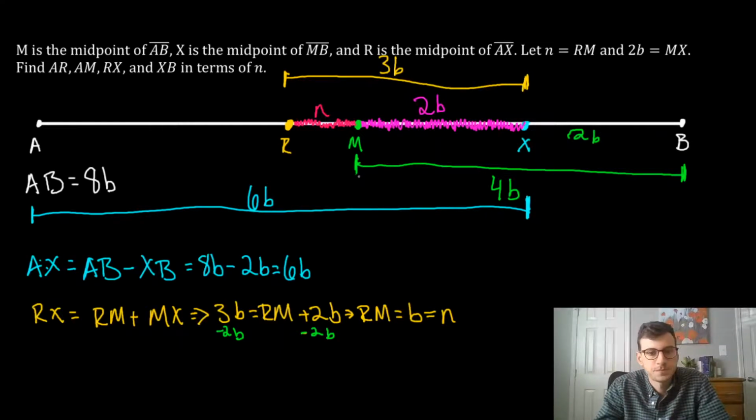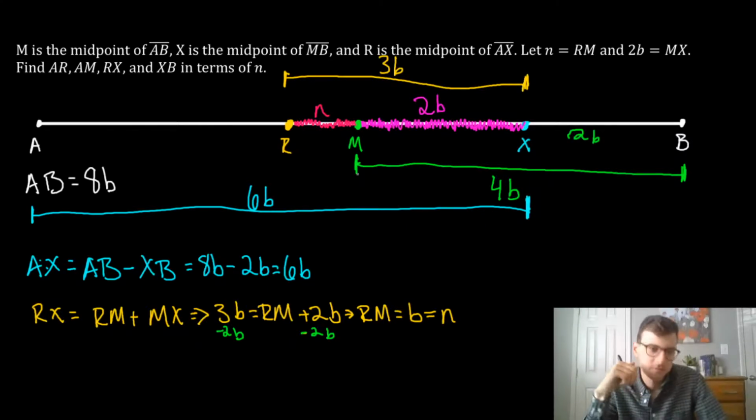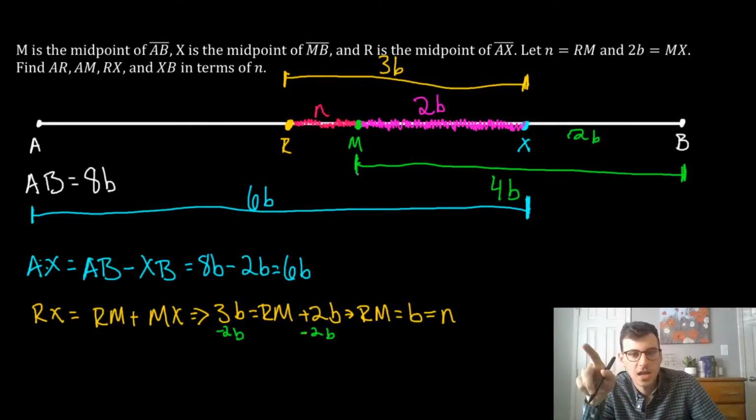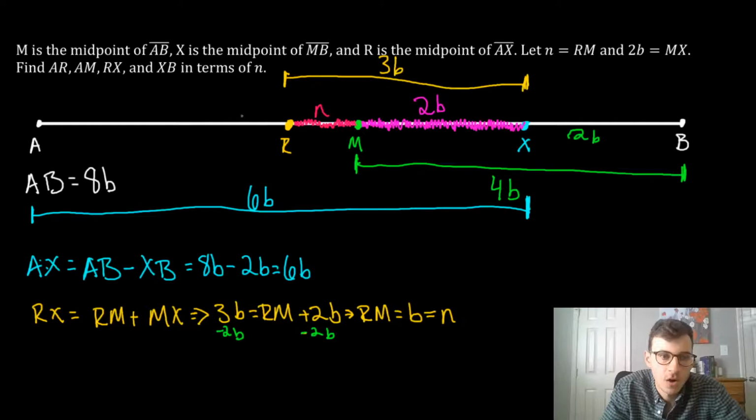I'm kind of out of room here a little bit, so we'll do our best. We need to find AR, AM, RX, and XB. AR is half of AX.